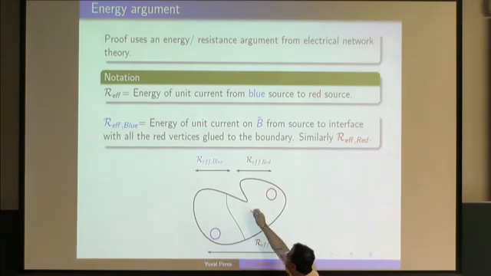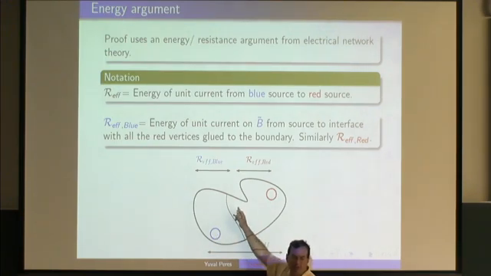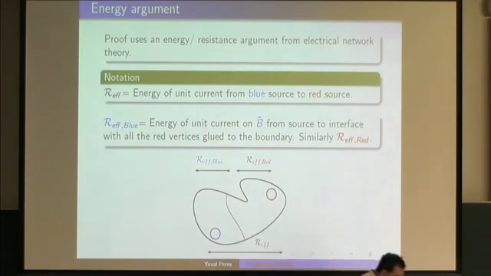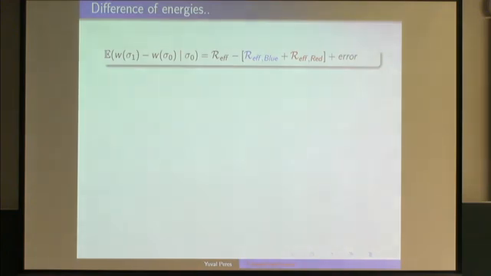Here I just drew one interface, but really you should think of both interfaces: the boundary of everything reachable from the blue, the boundary of everything reachable from the red. And then there is an effective resistance from the blue source to the boundary of this blue region, to the blue interface, and similarly an effective resistance from the red source to the boundary of the red region.